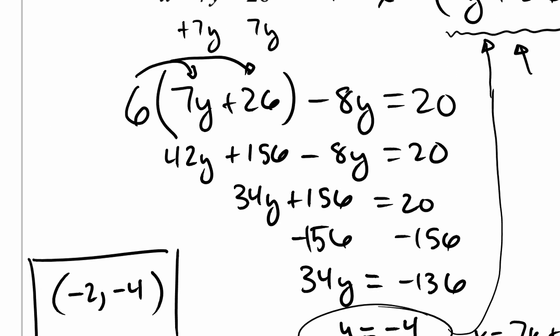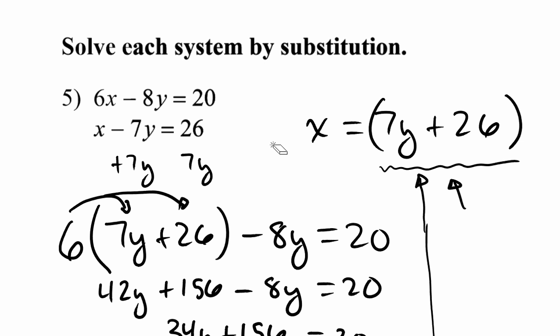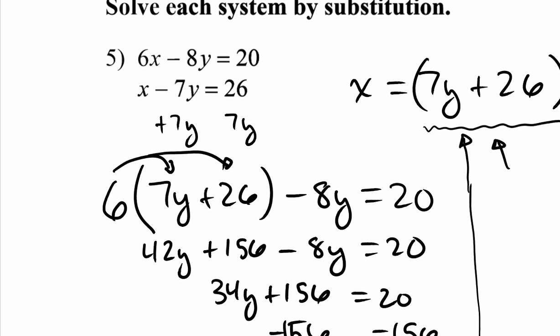I'm going to come back up here and look at my original problem. In fact, I'm going to erase a little bit of this stuff right here. And I want to just quickly check this using some simple arithmetic.